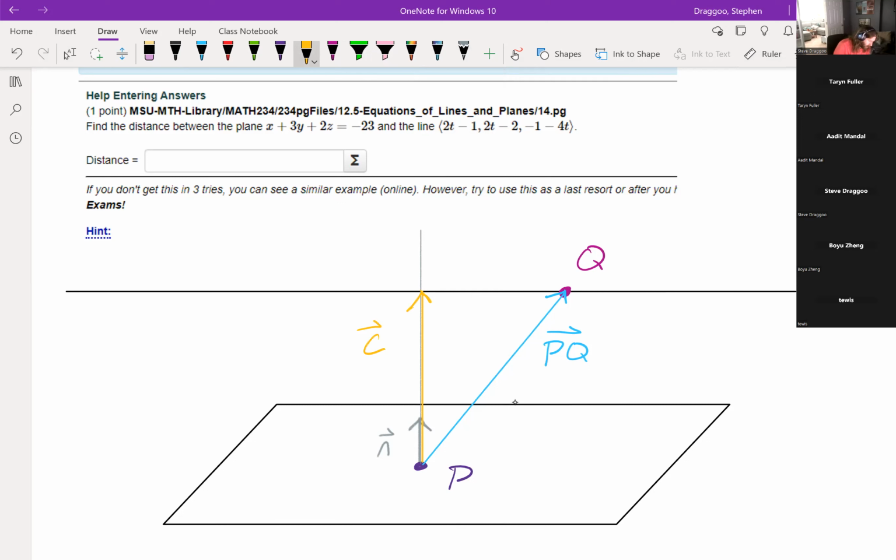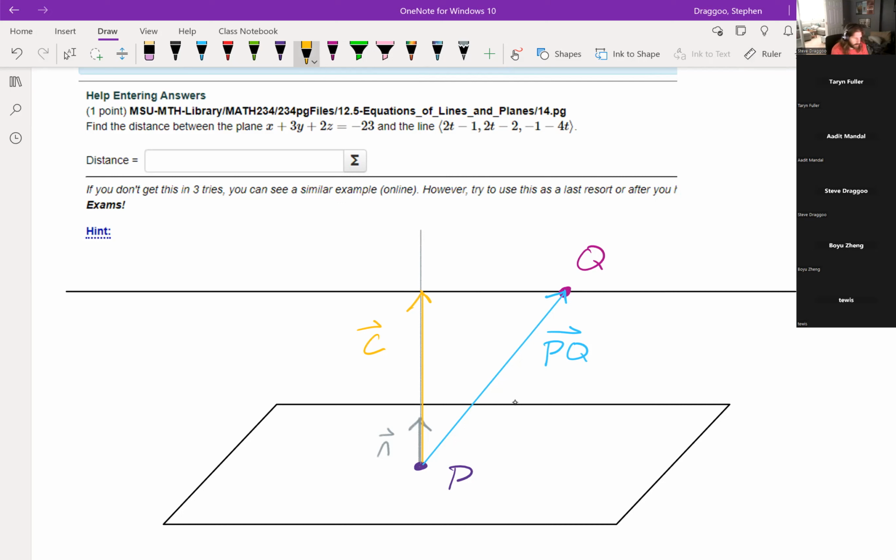And let's call that new distance C, or that new vector C. So by our construction, that vector C is going to be the shortest distance to get from the plane up to the line. And if we look at the way that we constructed that vector that connected our 2 points, P and Q, what I'd really like to do here is project our vector PQ onto that normal vector direction.